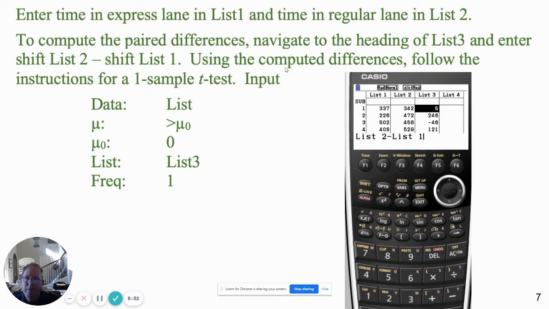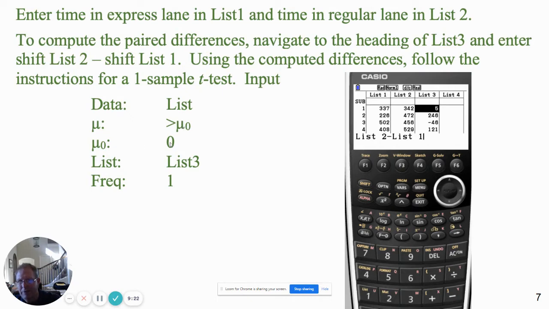I go to module number 2. We're going to follow the instructions for a one sample t-test like we did earlier in one of my lessons. So we input. This data is coming from a list, so make sure you have list here. The alternative hypothesis is that the parameter is greater than the hypothesized value, so set it like this, strictly greater than the hypothesized value.